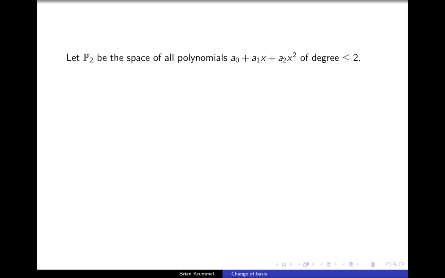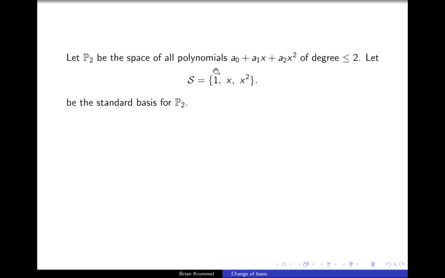Now, as an example, let's look at the space P2, which is defined to be the space of all polynomials a0 plus a1x plus a2x squared of degree at most 2. So we can think of P2 as the space of quadratic polynomials. And then let's equip P2 with the following basis, which I'll denote by S for standard basis. This is the basis 1, x, x squared.